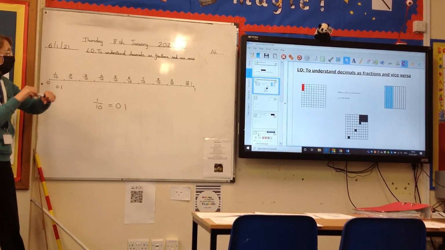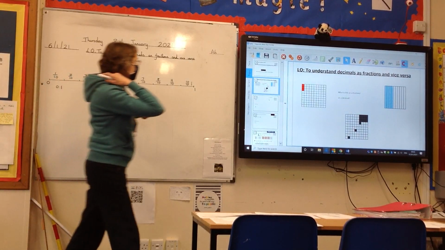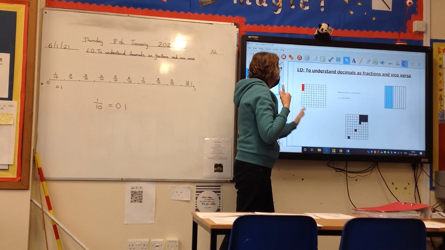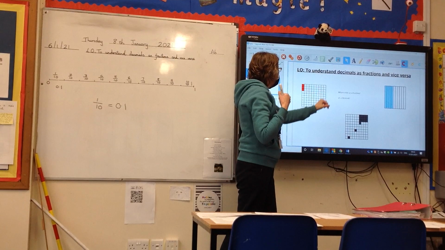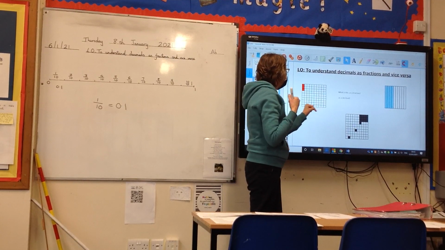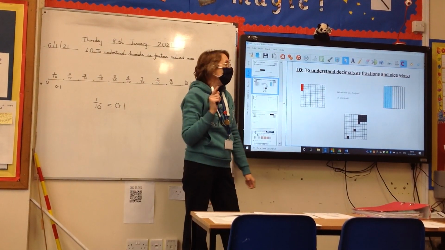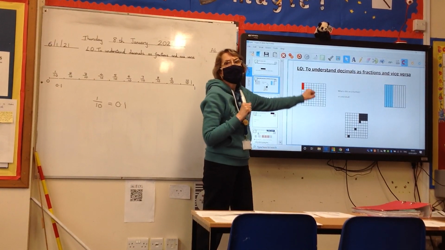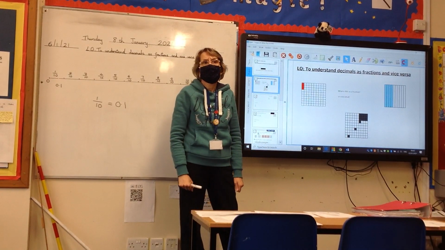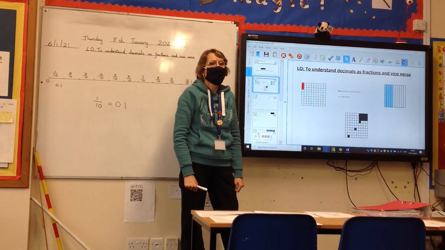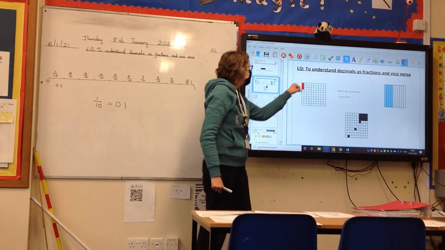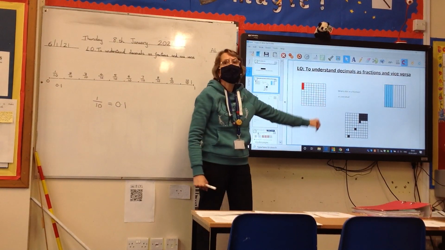Good. So, if we have a look on the board, we've got, first of all, a block. And in that block, there are 100 squares. So, on your whiteboards, can you write down what fraction is coloured red? What fraction of those 100 squares is coloured in red?